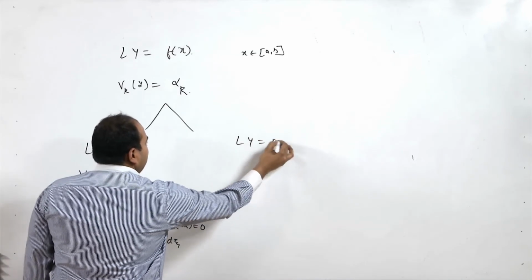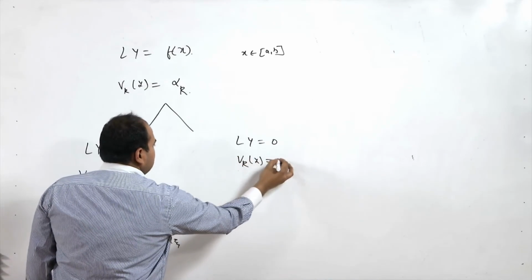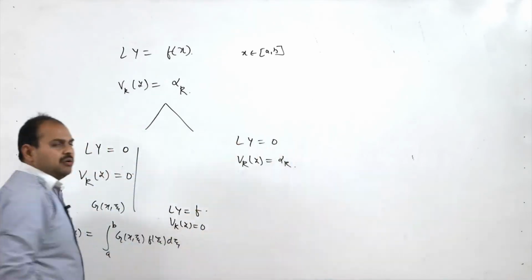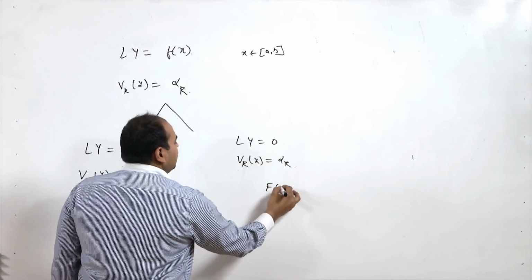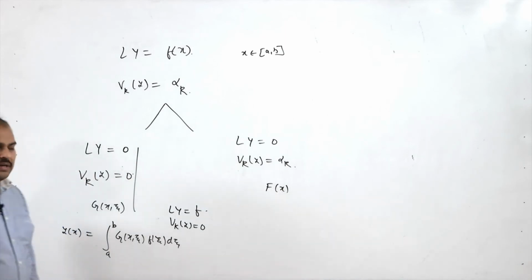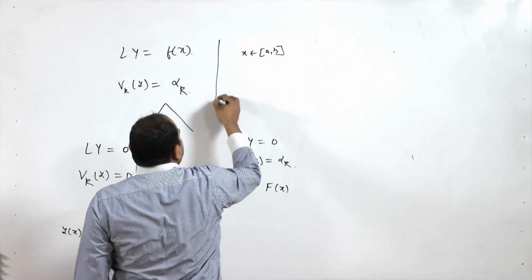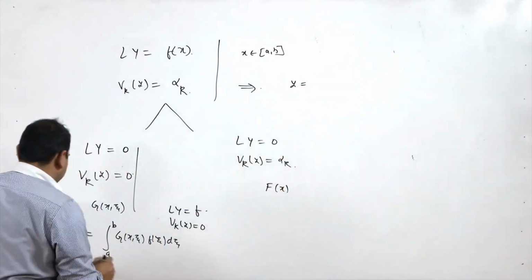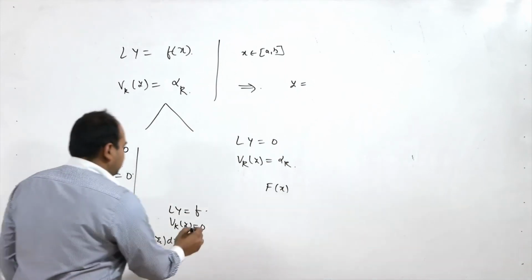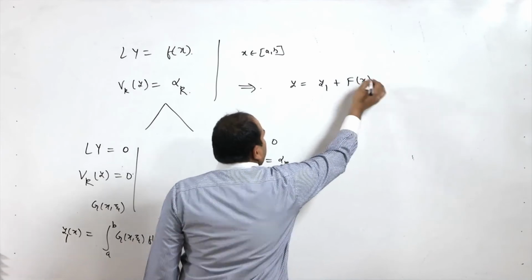We take Ly equal to 0 and V_k y equal to alpha k, and we can find the solution here, and suppose the solution is f of x. Then the solution of the original problem is y equal to the solution of this problem, call it y1, plus f of x here.